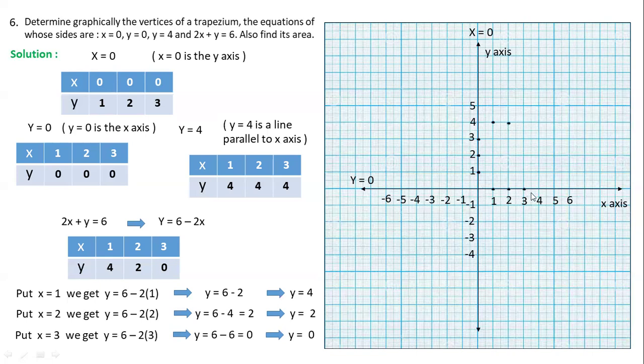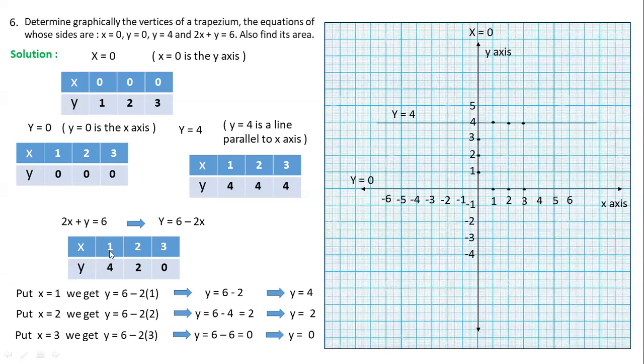So here. X is 3, y is 4. Join it. See, it's a line parallel to the x-axis. It is the graph of the equation y is equal to 4. So this is your first graph, this is your second graph, and this is your third line, third graph.